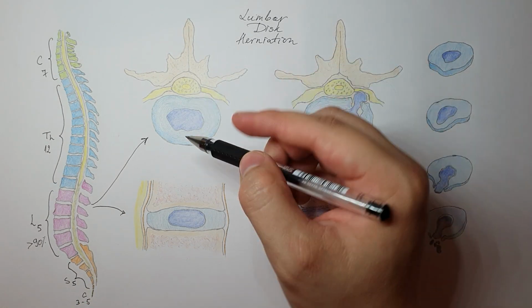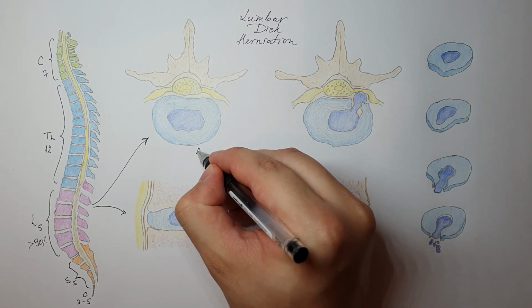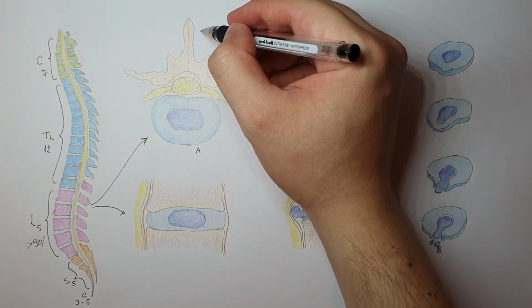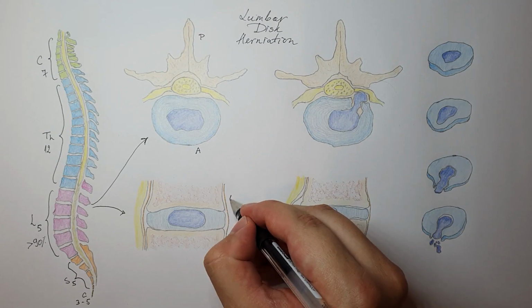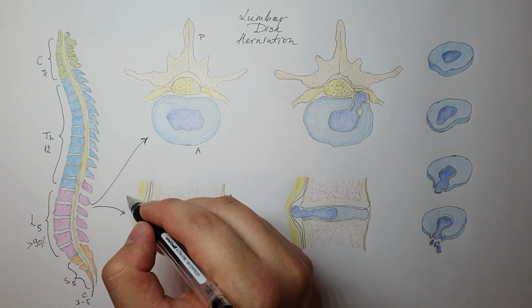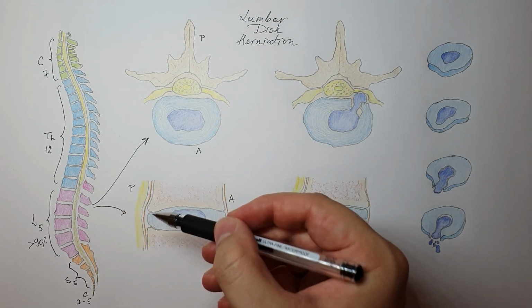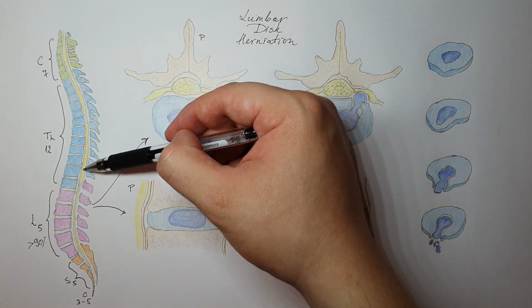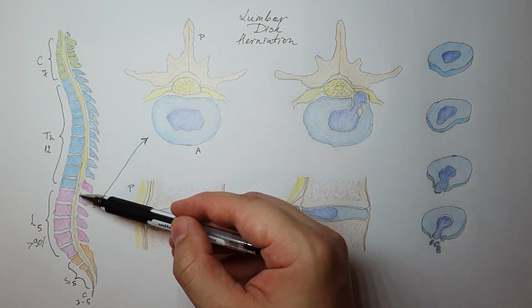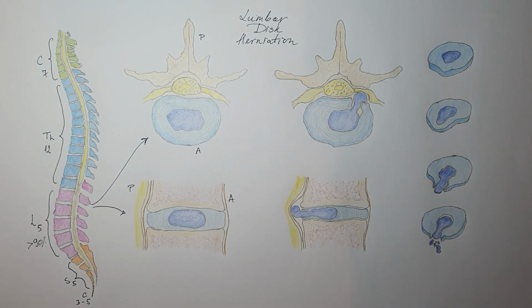Here, this would be anterior, facing the belly, and this would be posterior, facing the back, and as it is drawn here, the spinal cord and the cauda equina.